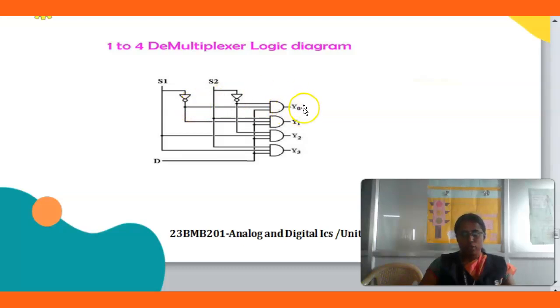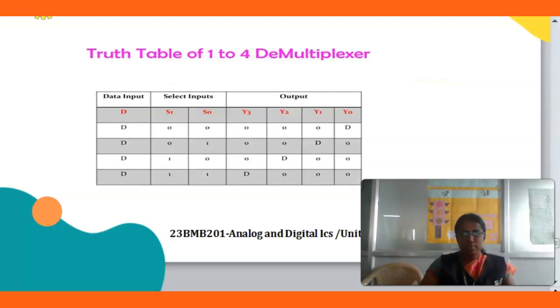For Y0 the select input is 0, 0, for Y1 it is 0, 1, for Y2 it is 1, 0, and for Y3 it is 1, 1. That is the demultiplexer.